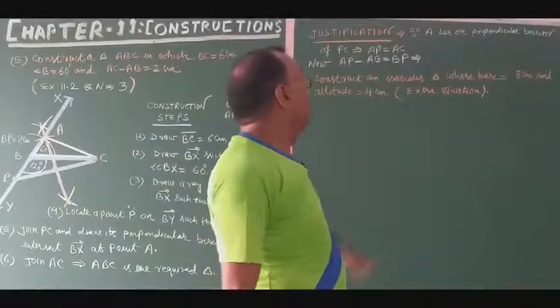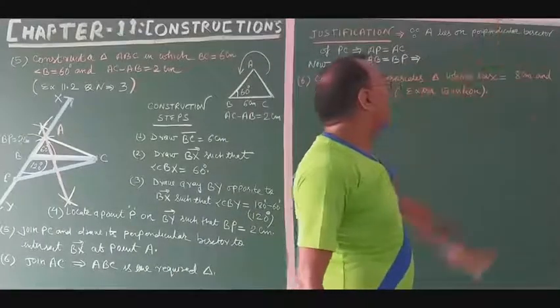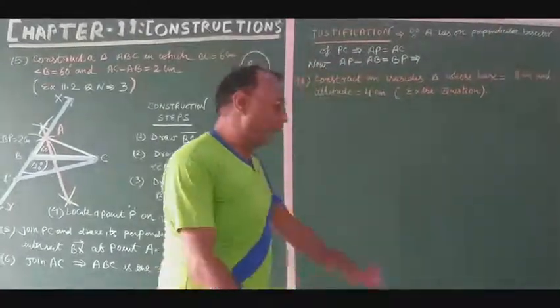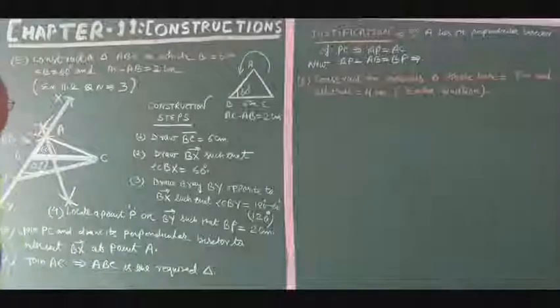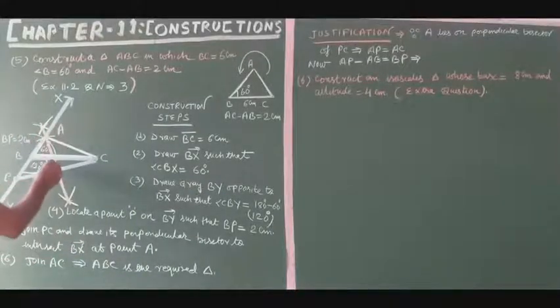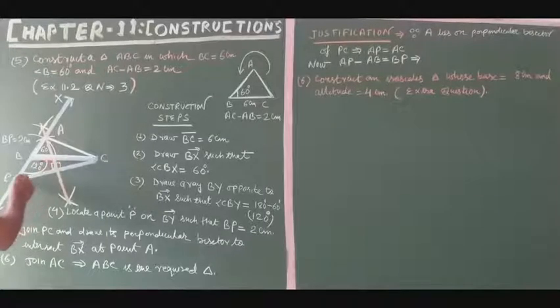Justification: since A lies on the perpendicular bisector of PC. Just look here, this is point A and this lies on the perpendicular bisector of PC. So therefore what will happen? This AP will be equal to AC.